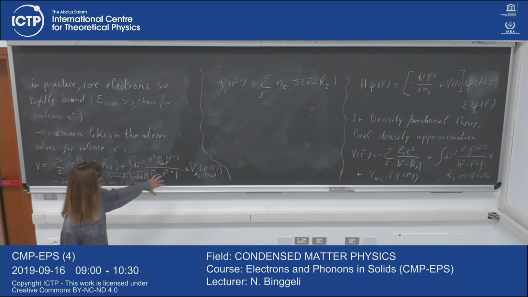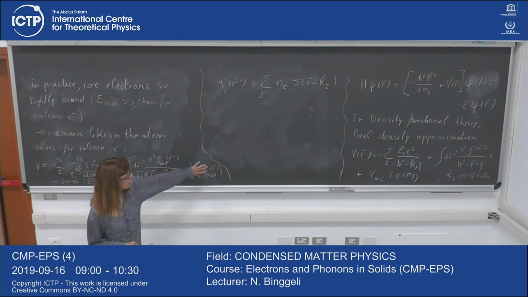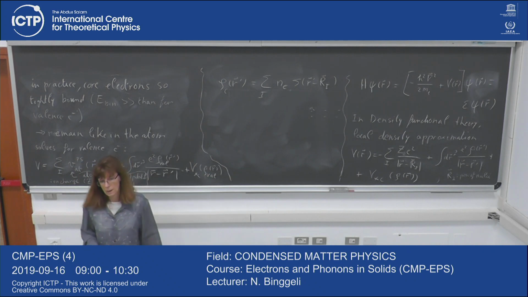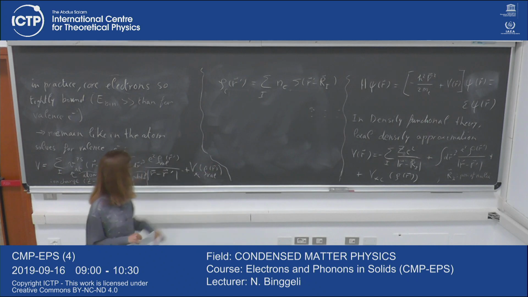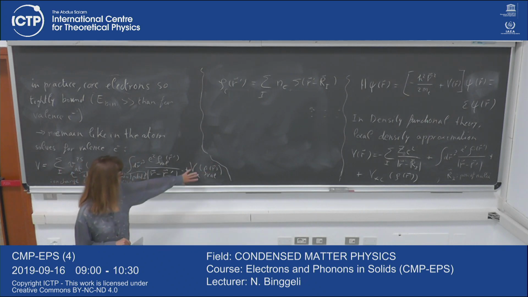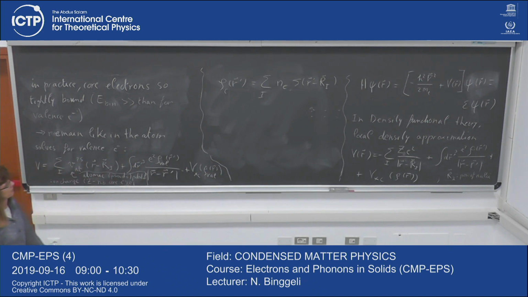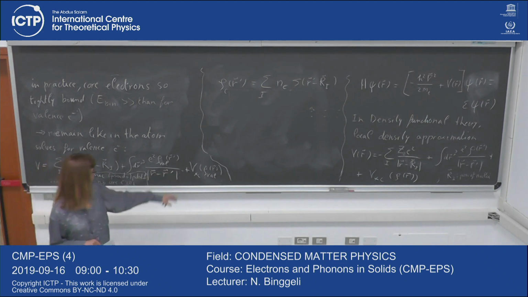Then one can also separate, because there is no overlap between core charge and valence charge, and obtain the exchange correlation potential that depends explicitly only on the valence charge.